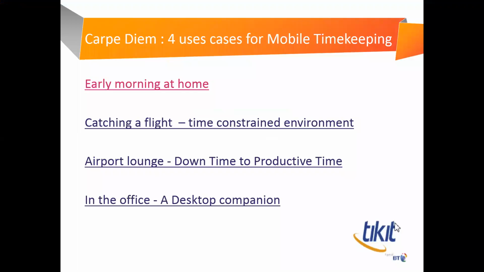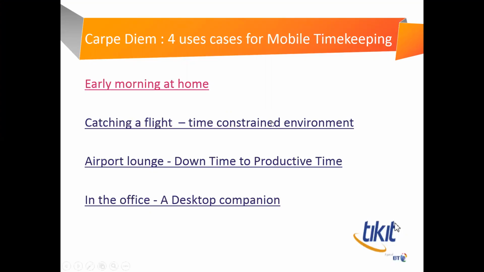Moving on. Next use case: catching a flight, a time-constrained environment. Probably the most popular use case and UI, and the one that contributes the greatest to the ROI for mobile timekeeping, based on stats that we've compiled over the last 3 years.